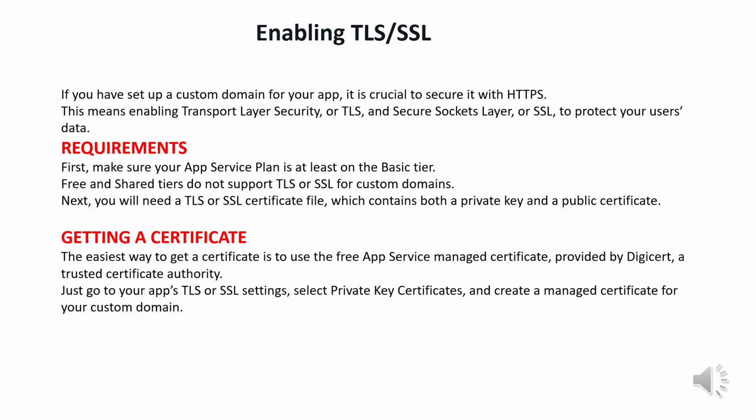Next, you will need a TLS or SSL certificate file, which contains both a private key and a public certificate. The easiest way to get a certificate is to use the free App Service Managed certificate provided by DigiCert, a trusted certificate authority. Just go to your app's TLS or SSL settings, select Private Key Certificates, and create a managed certificate for your custom domain.